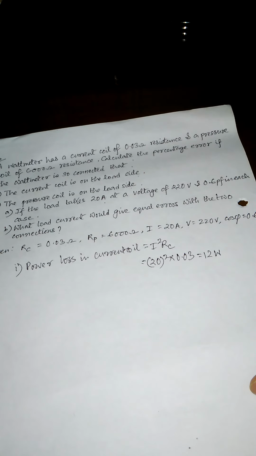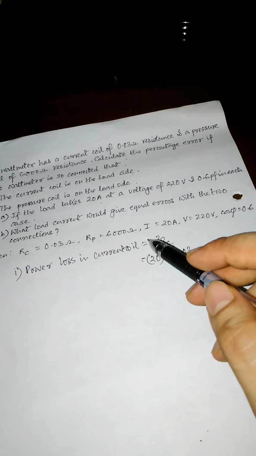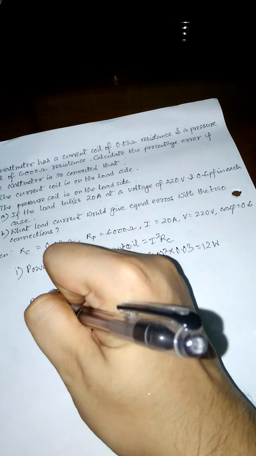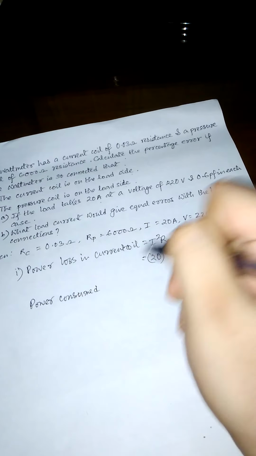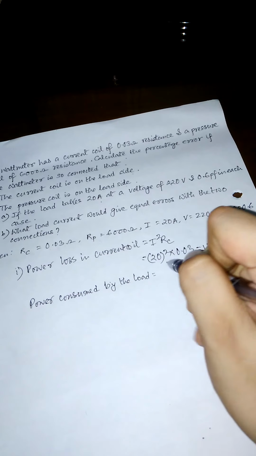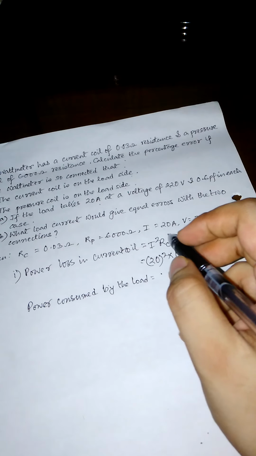So here the percentage error, if we are considering the power consumed by the load, what is the power consumed by the load? See, the power consumed by the load will obviously be V I cos phi.